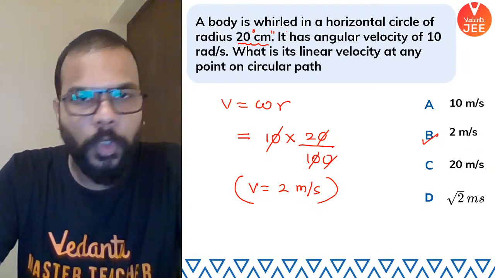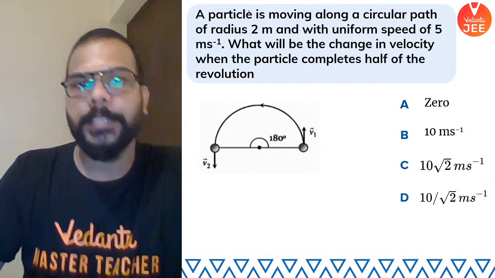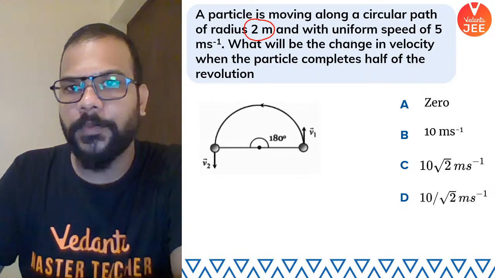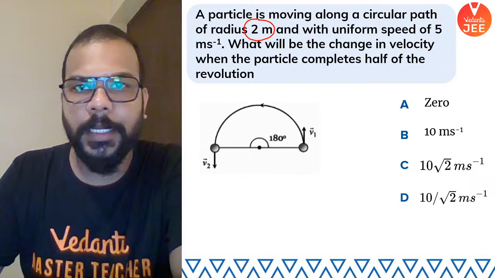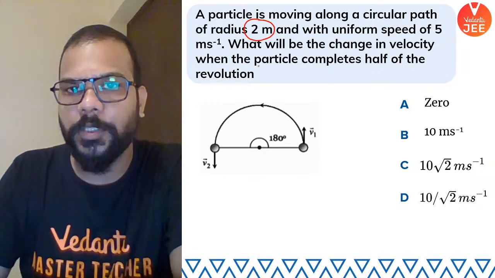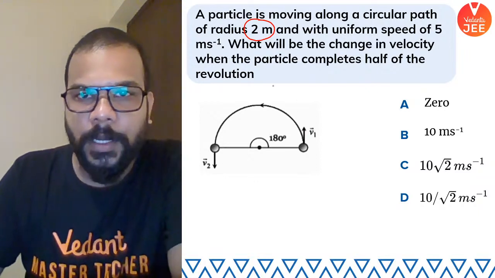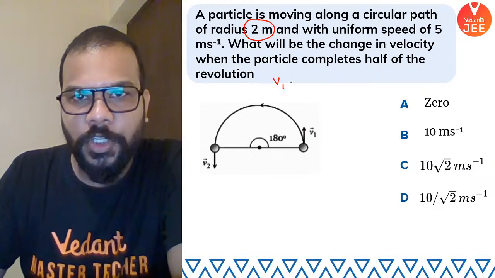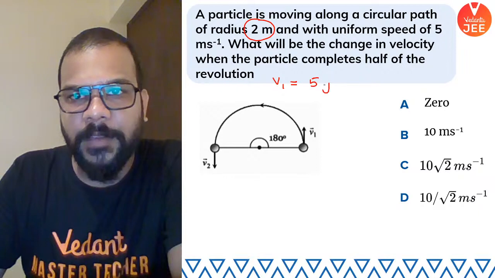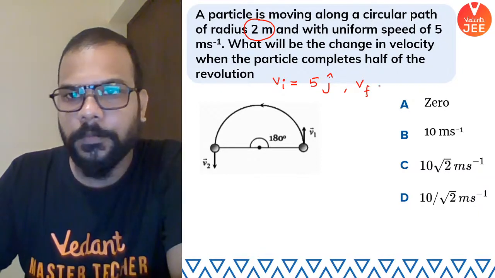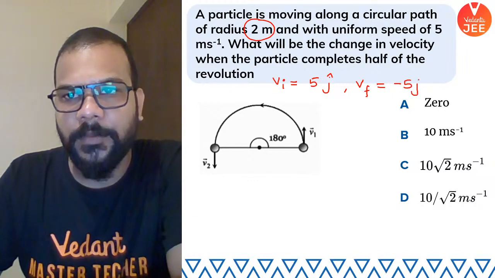Okay, cool. How about this one, guys? A particle is moving along a circular path of radius 2 meters with a uniform speed of 5 meters per second. What will be the change in the velocity when the particle completes half of the revolution? So guys, if you look at this, V initial is 5 j cap and V final is minus 5 j cap.